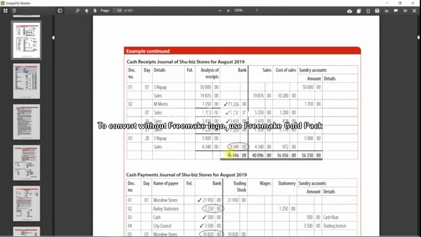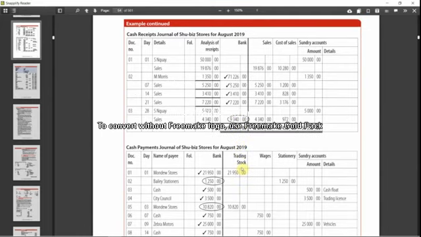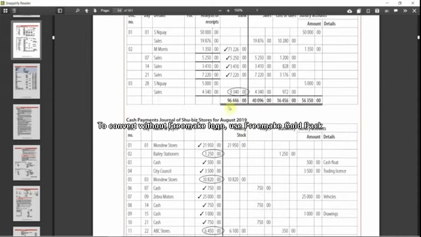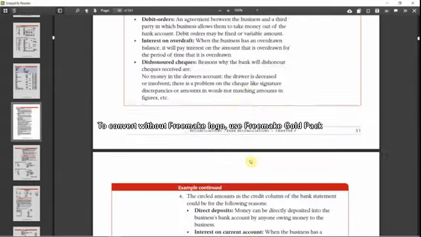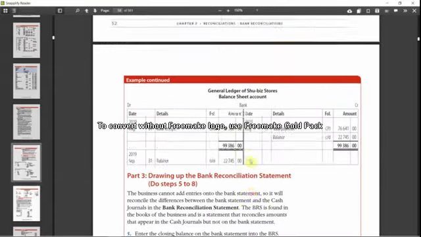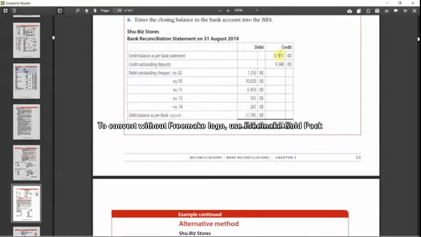So on our side, we would debit bank because the money in our bank increased due to our sales. Therefore, on the bank side, they should have credited it. They have not yet, so we will add a credit on our equivalent, namely the bank reconciliation statement. So, indeed, we have a credit of 9,340, and that is the outstanding deposits.